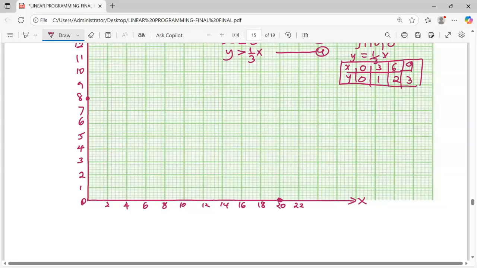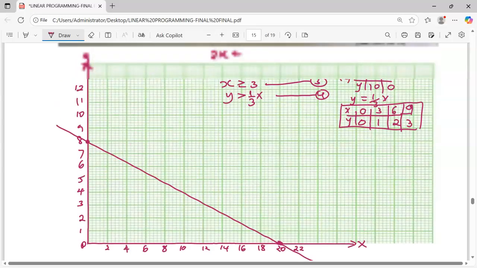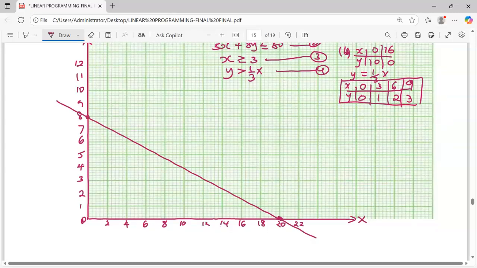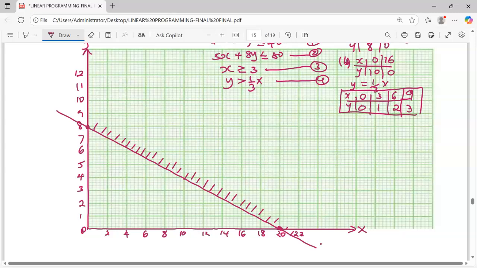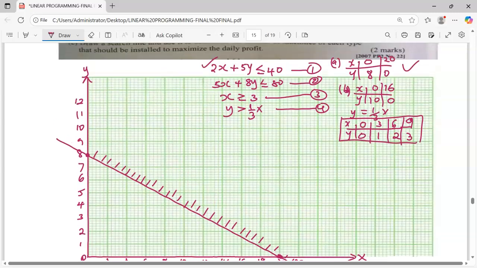Then we shade the required part. Remember, according to the inequality, what we need is below the line, and therefore we shade the upper part this way very quickly. So this is 2X plus 5Y equals 40.